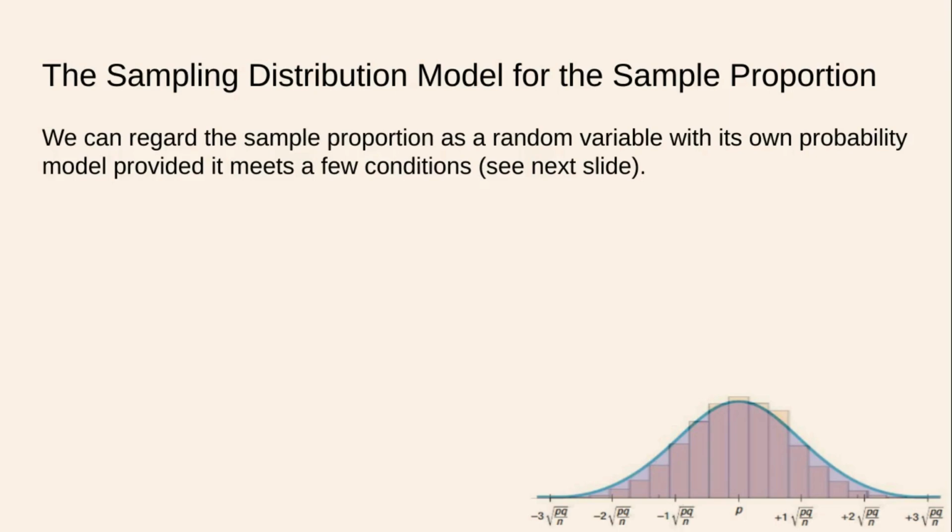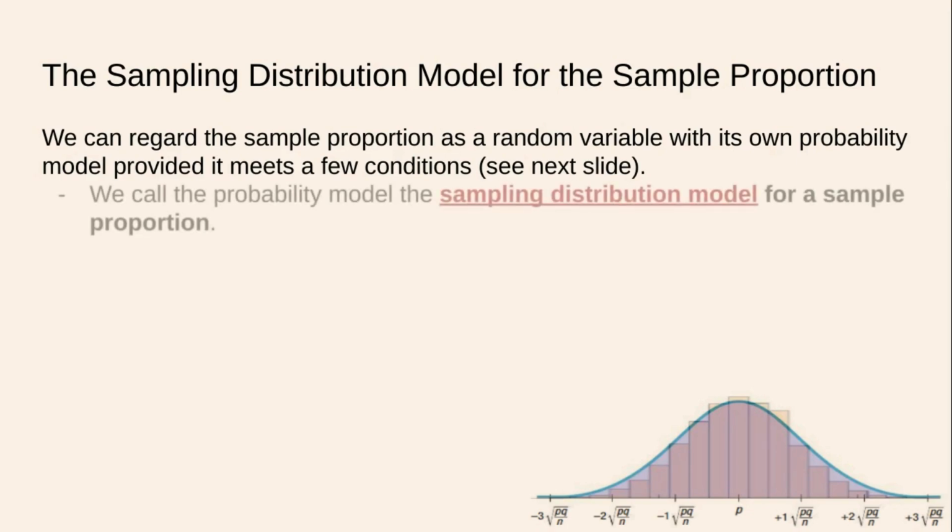And as a random variable, it has its own probability model, provided it meets a few conditions, which we'll see on the next slide. And that is also a theme for the rest of the year. You really can't assume that anything works automatically. Every process we're going to do requires you to check a couple of boxes before you do it.